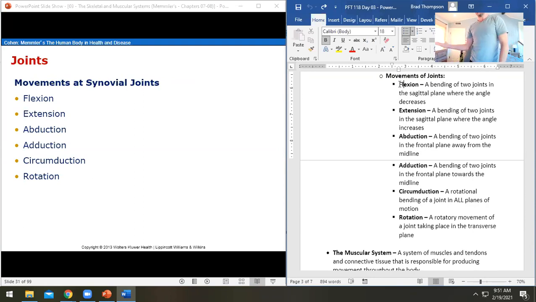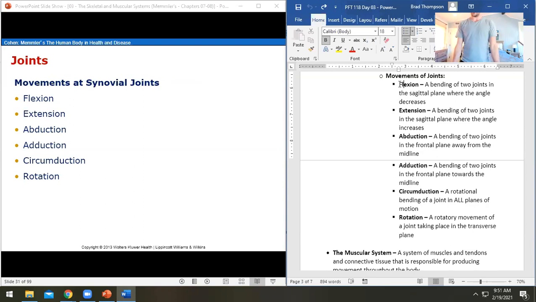Now it's at 90 degrees. Now it's at 45 degrees, about 30 degrees overall when it gets to the end, right? So that is elbow flexion because the angle is going from 180 down to about 30. The number went down. That's a decrease in the angle, right? So that is flexion. The exact opposite of that is 30, 45, 90, 180. That's extension.